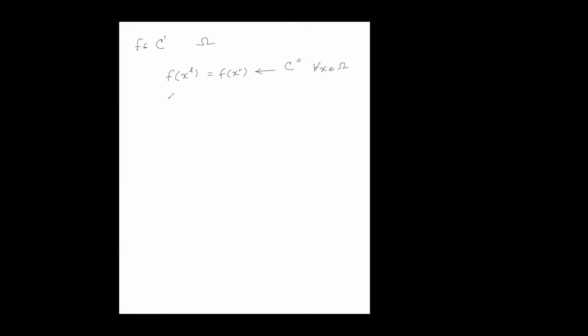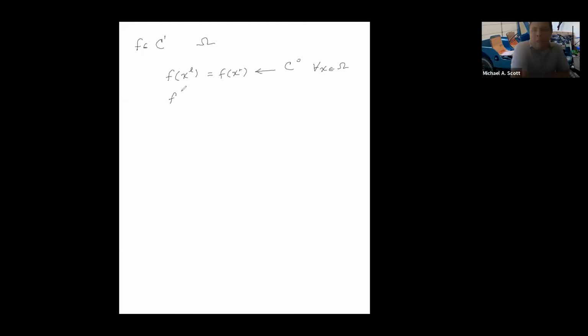Yep, following that. And then f prime at x to the right, this is C1. To be a C1 function, you have to be a C0 function, and you have to have this second condition on the derivatives. If this holds, we say that this function is continuously differentiable.